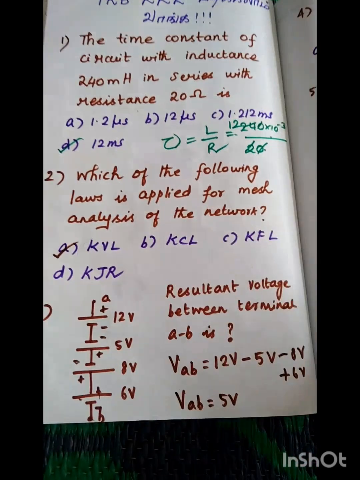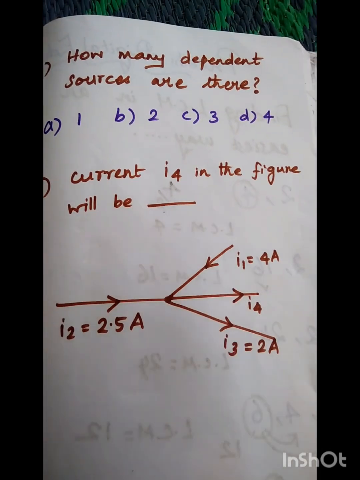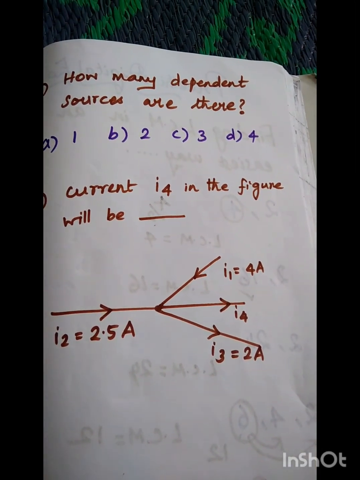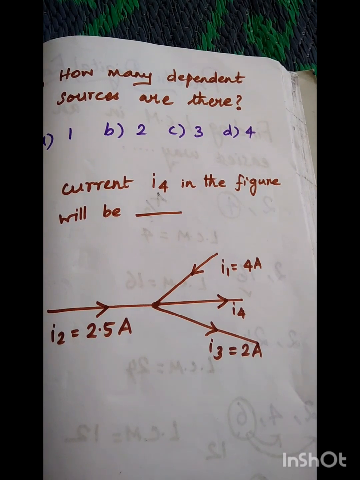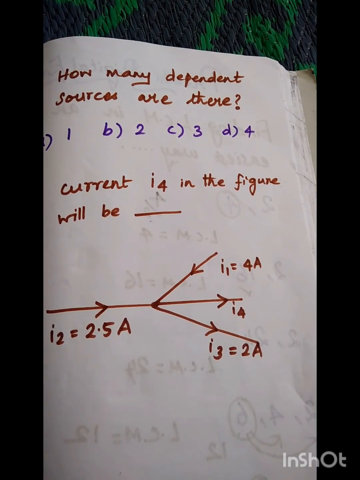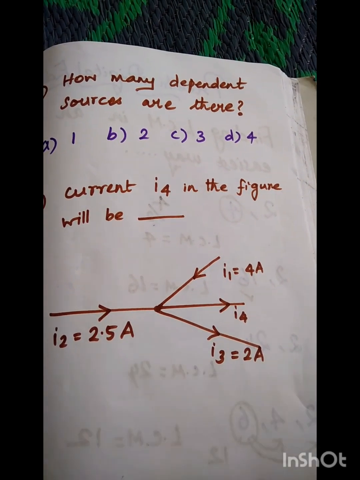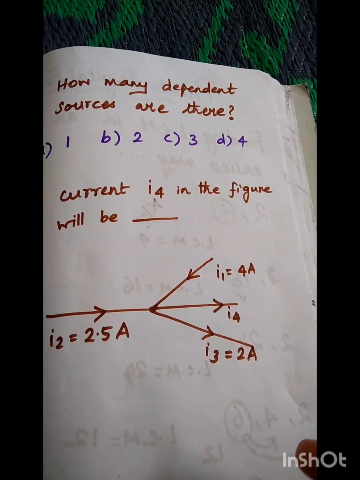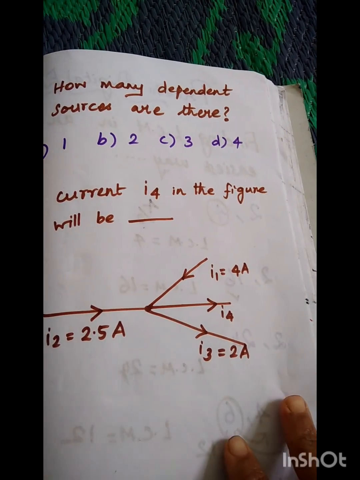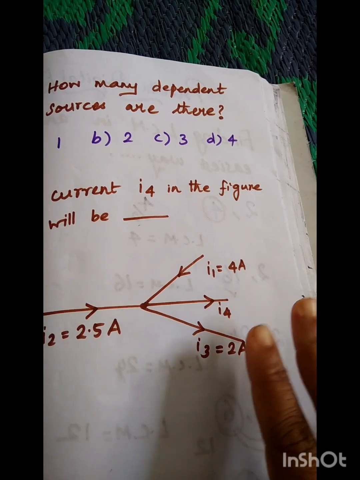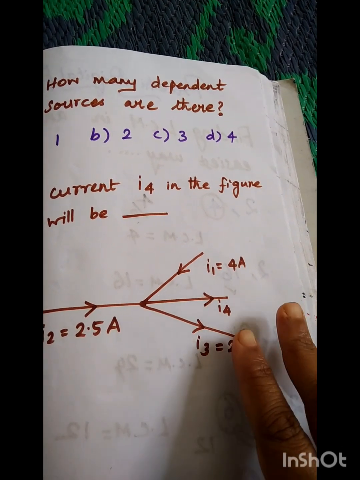Okay. And next one, we are moving into the fourth one. How many dependent sources are there? The options given are 1, 2, 3 and 4. A dependent source, in the theory of electrical networks, is a voltage source or a current source whose value depends upon the voltage or current elsewhere in the network. Am I right?